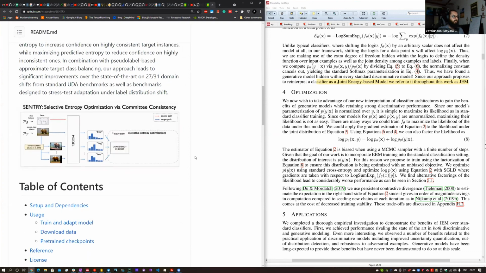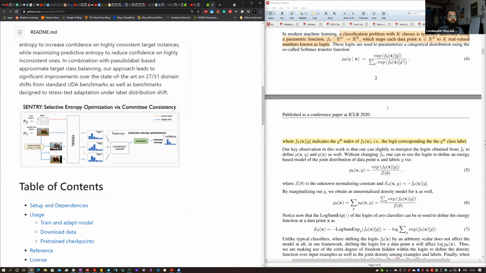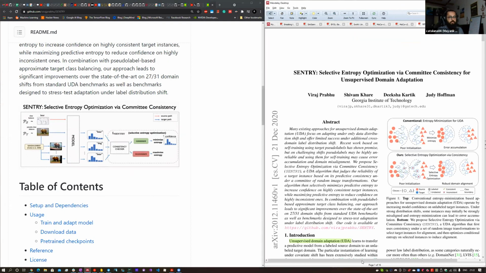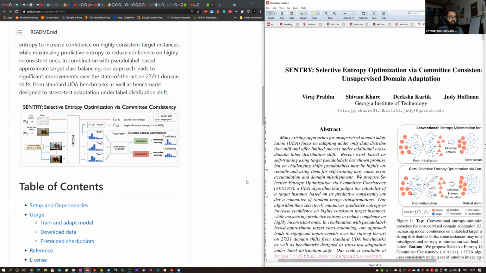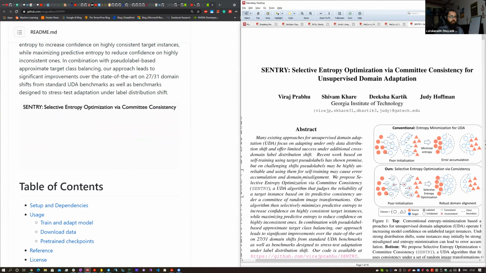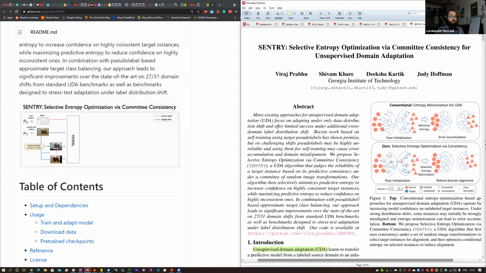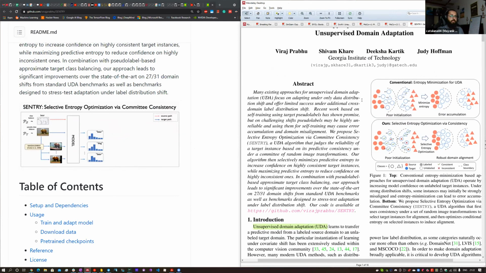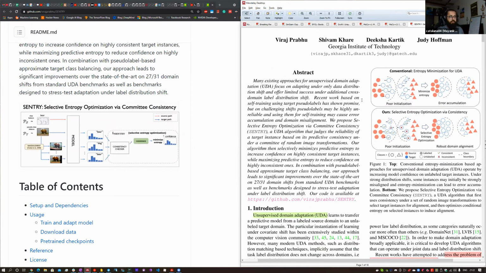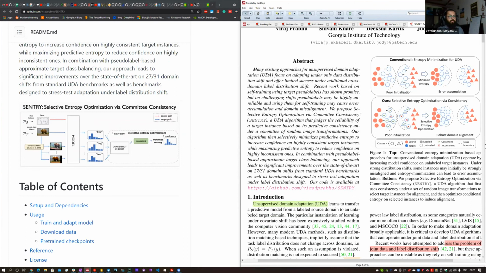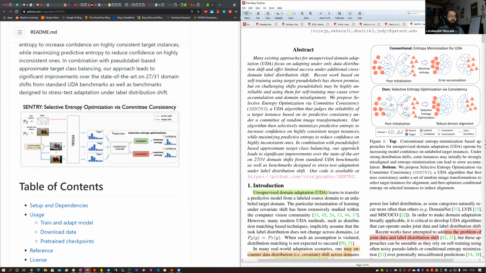So here, what they do is they try to fix those distribution shifts that have errors under the cross-domain label shift.